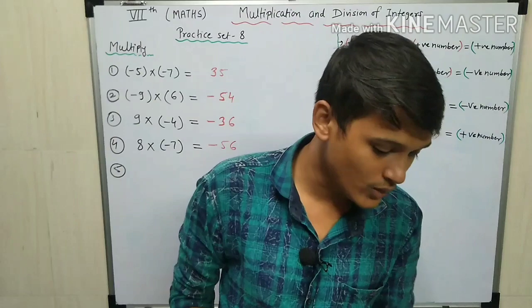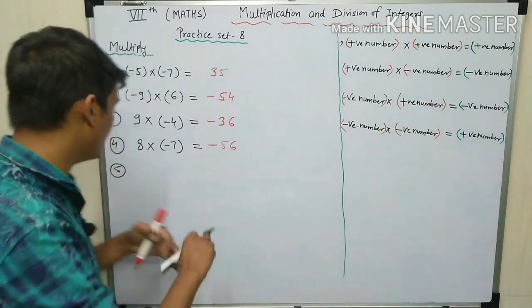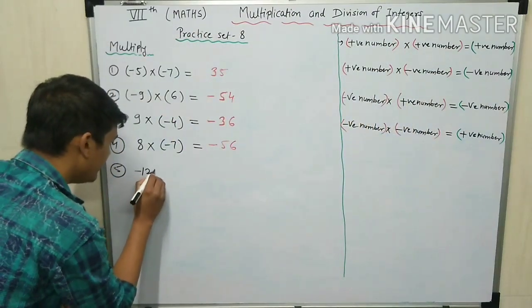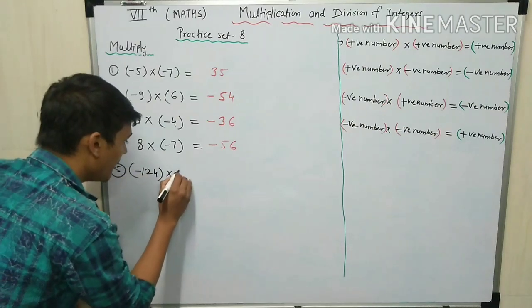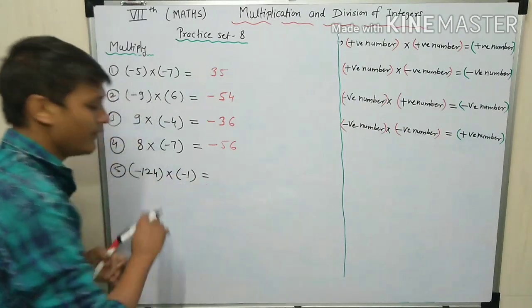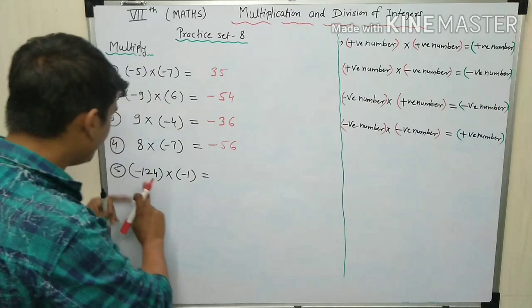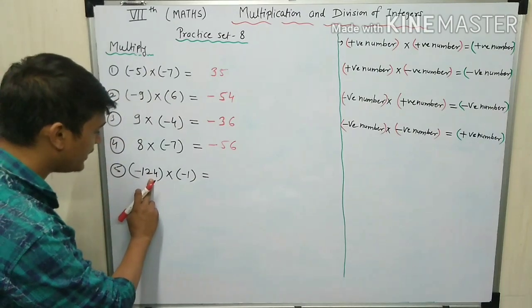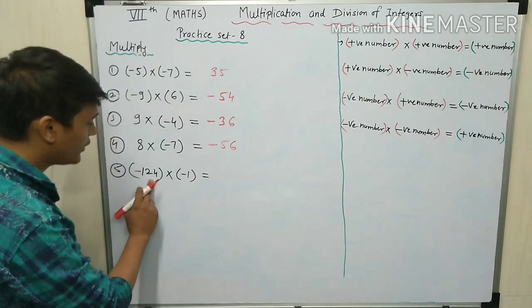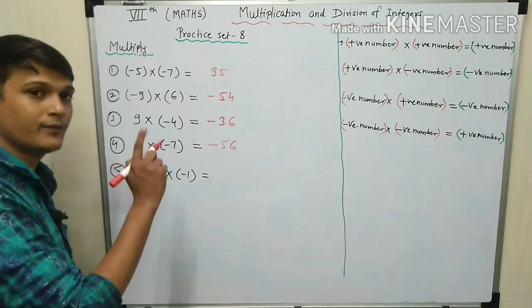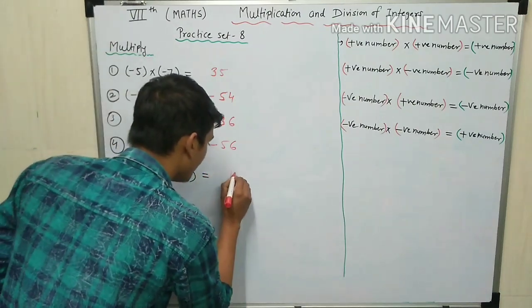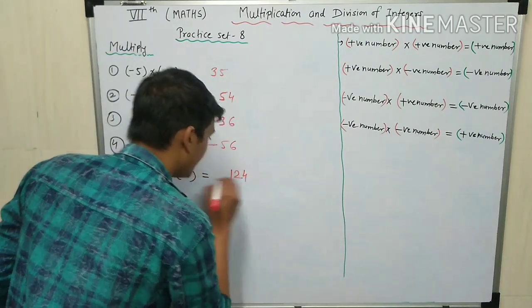Now the fifth question is minus 124 into minus 1. We multiply the numbers first. The numbers are 124 and 1. 124 into 1, 124 ones are 124. We can write here 124.